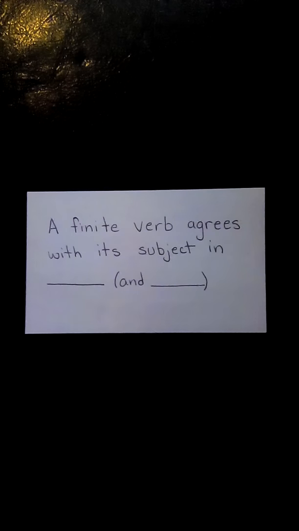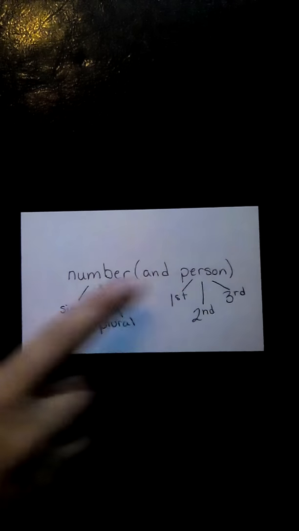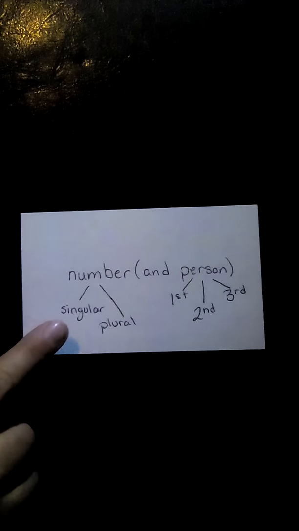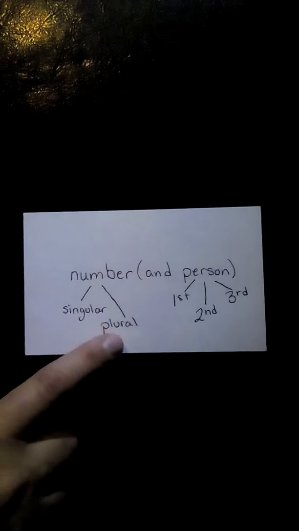Next up, we have the question, a finite verb agrees with its subject in what and what? What two things does a finite verb agree with its subject in? Flipping over, we see that it can agree in number and person. So agreeing in number means if the verb is singular, so is the subject.